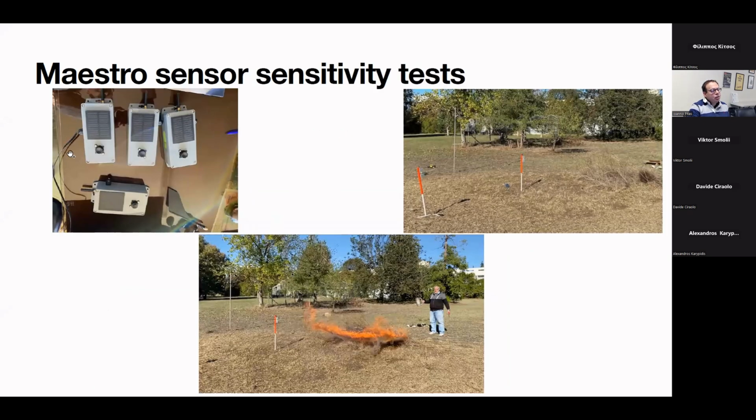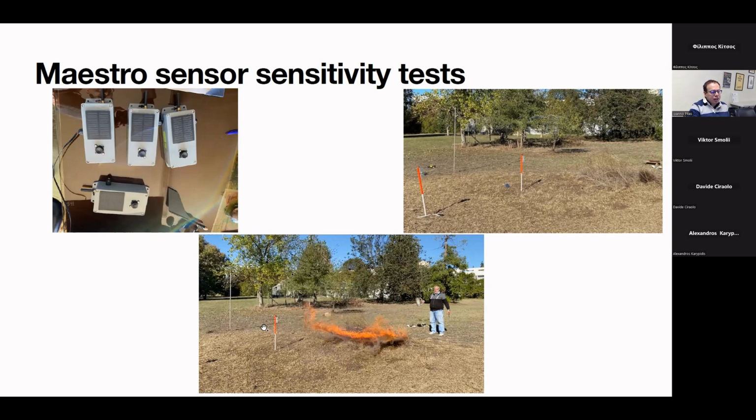So the Maestro node or sensor device, you can see it on the left. We have the consortium company, which took care to package all these circuits and install them in a proper box to be easily placed in forest areas, like you see here on the right. We have sensor nodes placed at different heights.